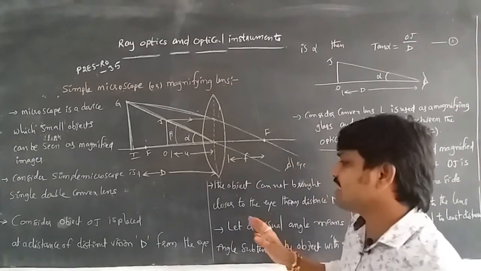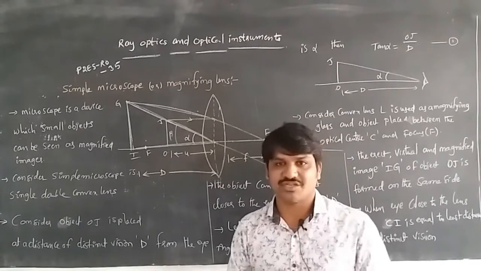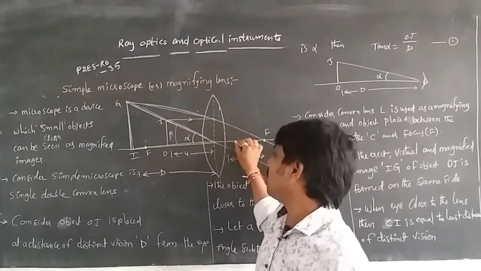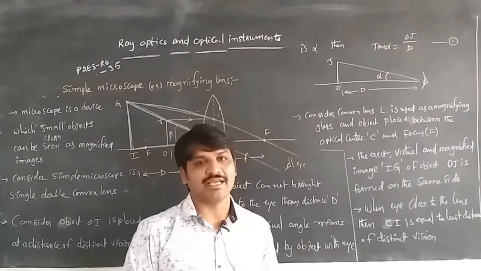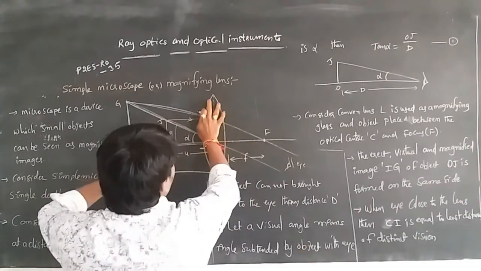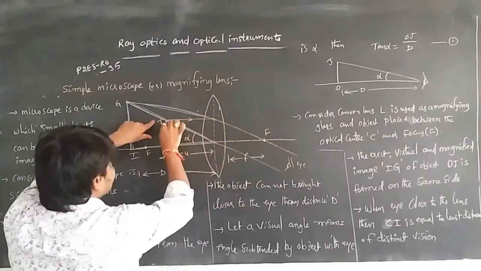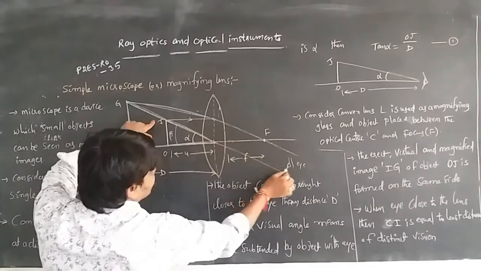When an object is placed at the distance of distinct vision, D, from the eye, without the magnifying lens, the object is placed here and this is our eye.